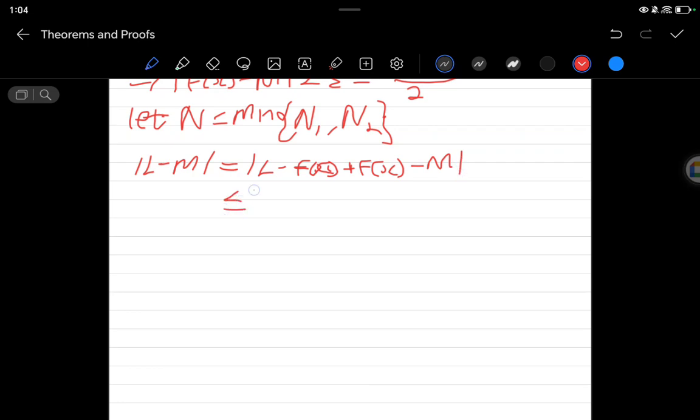And then by triangle inequality, we'll have L minus f of x plus f of x minus M. We agree, right?